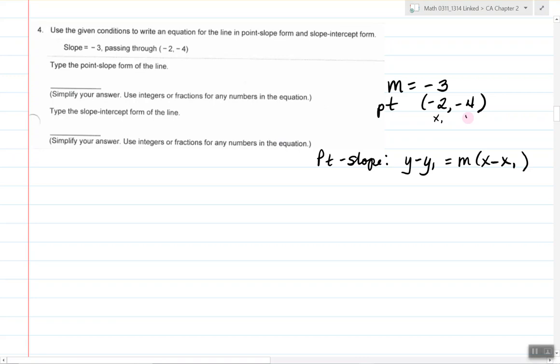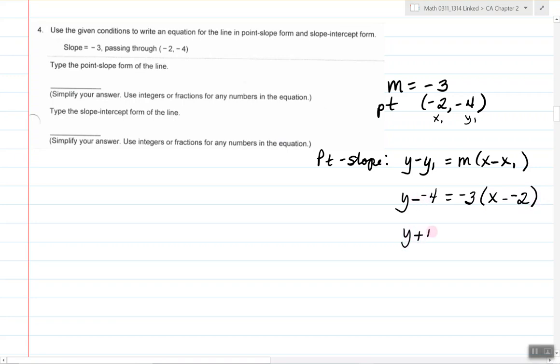This is y1. So we're going to have y minus the y value, which is -4, equals the slope, which is -3, open parentheses, x minus -2. Before I type that in, I'm going to change my minus minus to a plus.